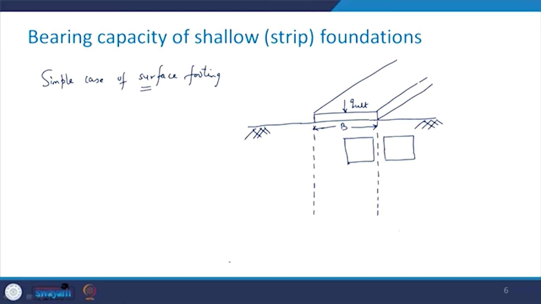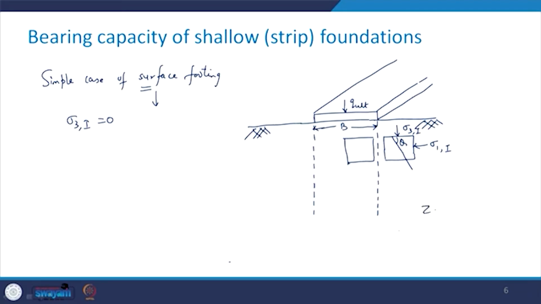Now, in case you have the discontinuity like this, which is making an angle of say theta, here is sigma 3 of this zone 1, and since this is the surface footing, this sigma 3 of zone 1 is going to be equal to 0 because there is no overburden, and here we will have sigma 1 in zone 1.